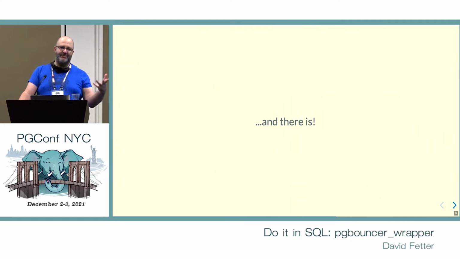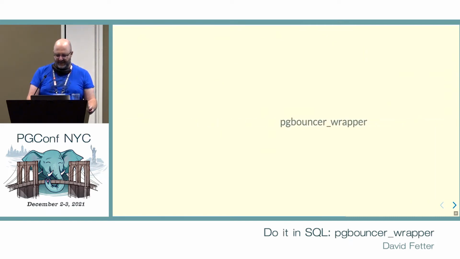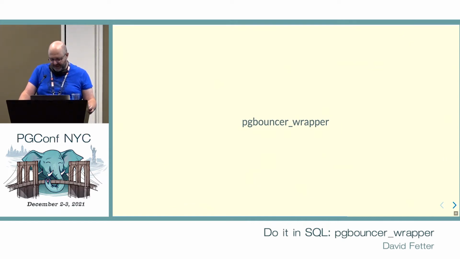I'm going to show an example, not too deep, of one that I built, and it's called PGBouncer wrapper. So the ideas behind this are sort of profoundly unoriginal. Back when the nice people were writing up Postgres, they talked about active databases, and this meant that code was executing in there, and that was part of the idea.